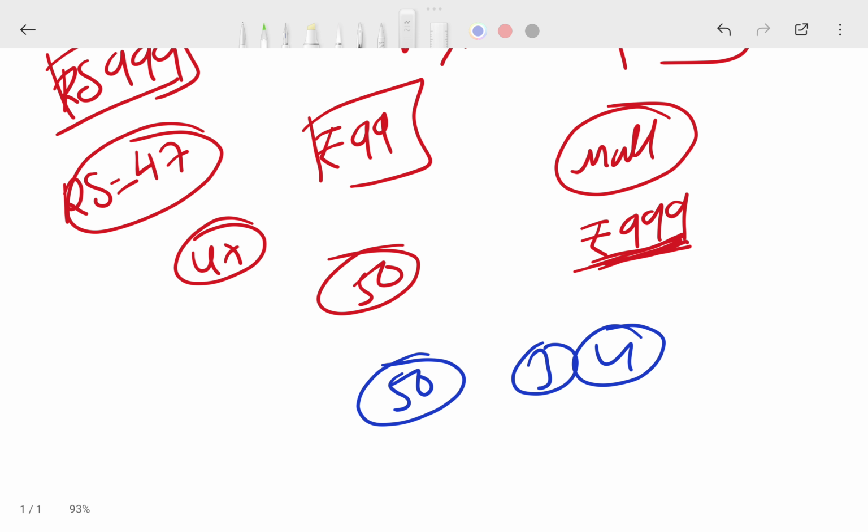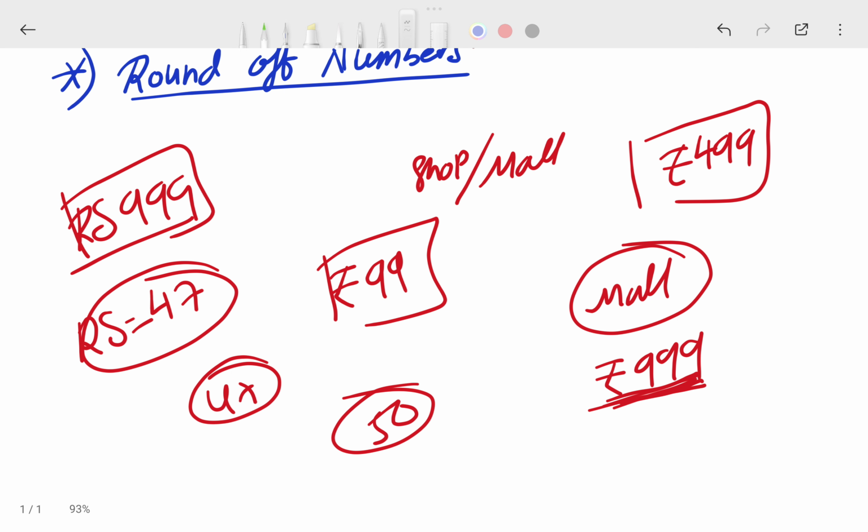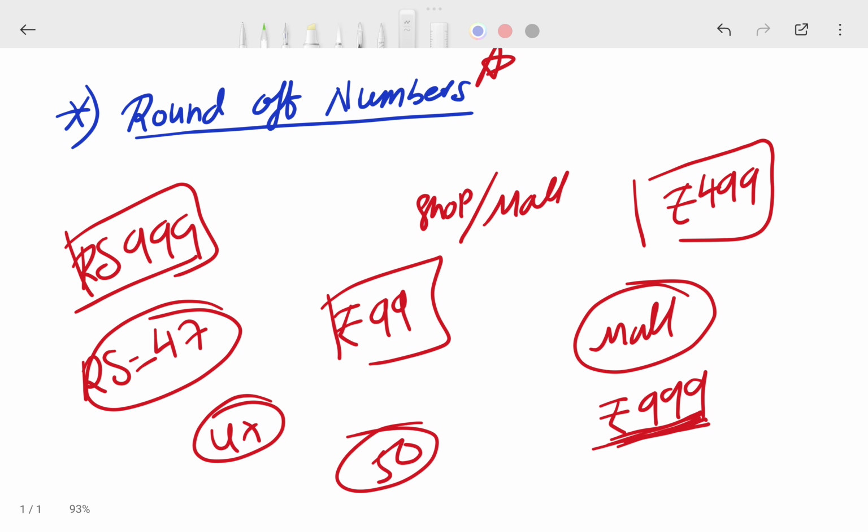Now let's talk about rounding off numbers.